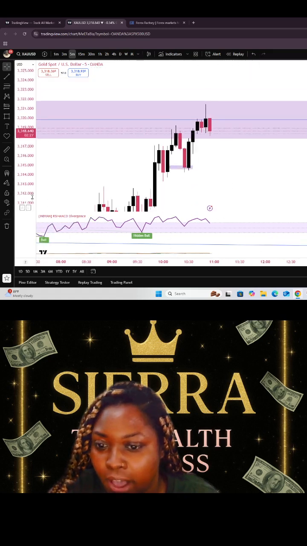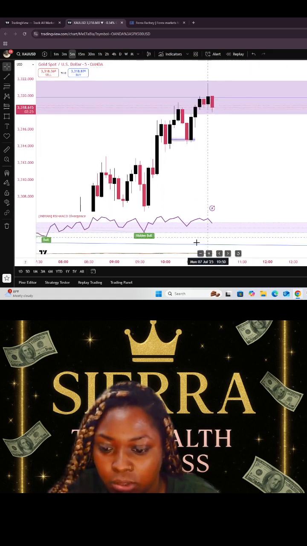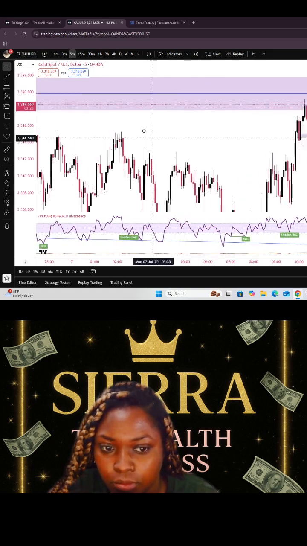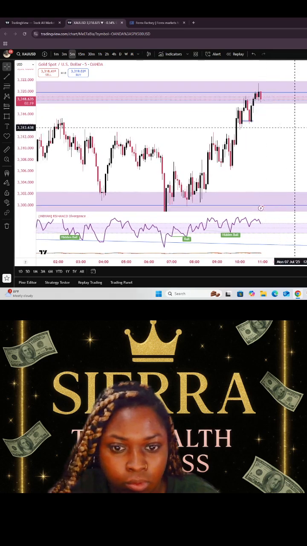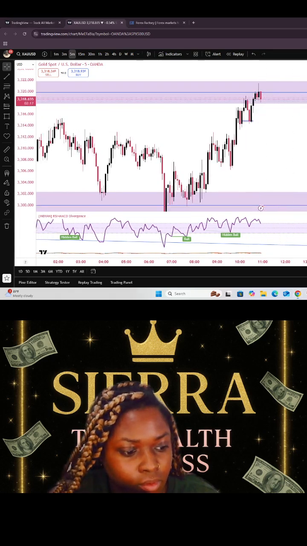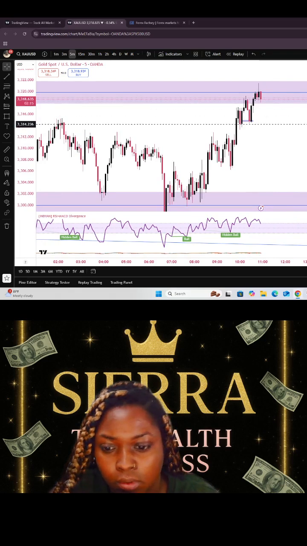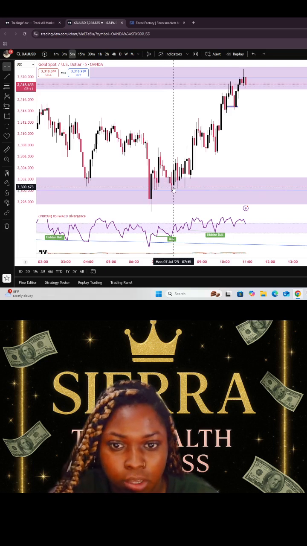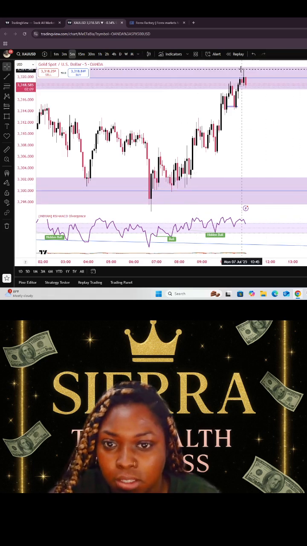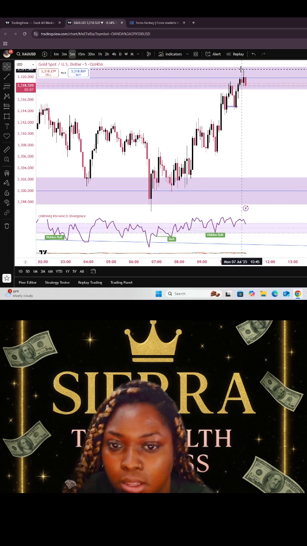If you have enough money in your account, you can sell gold. You could just take it back to that same zone and stop loss above this wick here on the 5-minute.